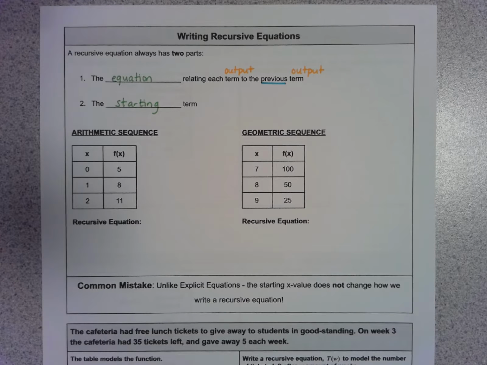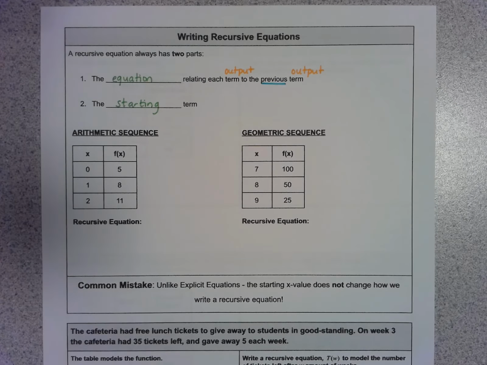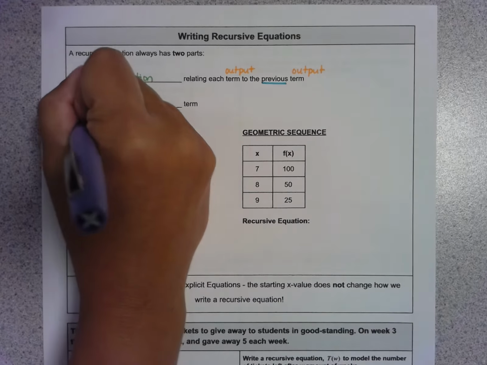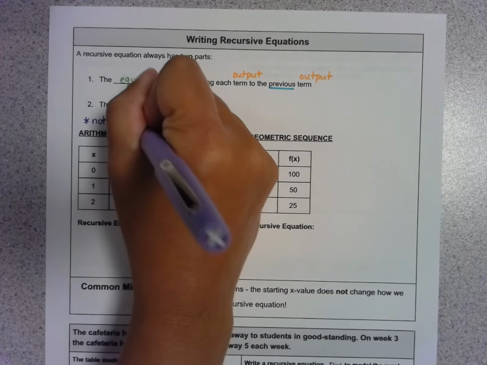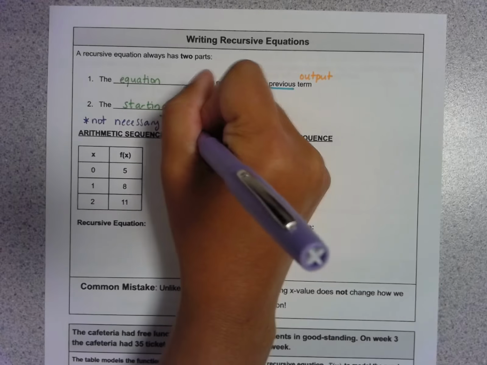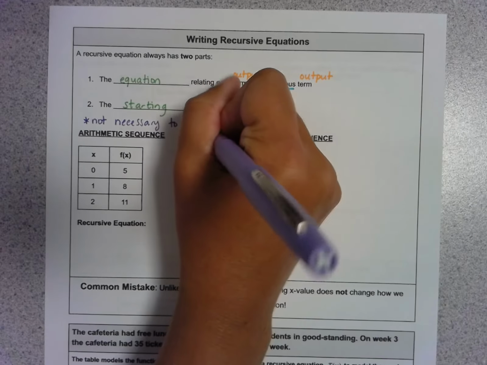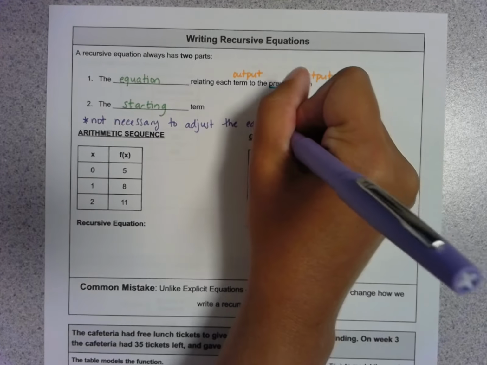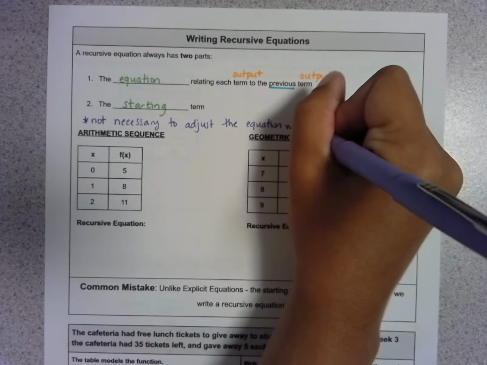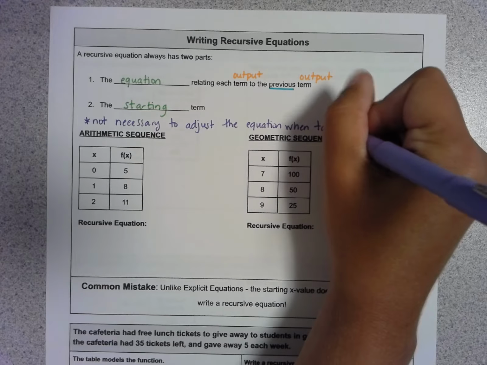You'll notice that we do not mention here that we need to get back to 0. If we looked at tables with explicit equations, we talked about how if your table doesn't start at 0, you need to get back to 0. With a recursive equation, you do not need to do that. It is not necessary to adjust the equation when the table does not start at 0.